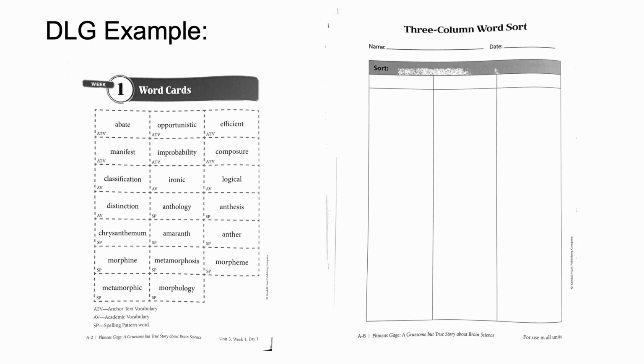You can see that they're identified as being anchor text vocabulary, academic vocabulary, or just the spelling pattern word. And in this assignment they'd be sorting them into one of those 3 categories as well. Again, the explicit instructions for this assignment would be in the DLG, and then this would be provided in the appendix.